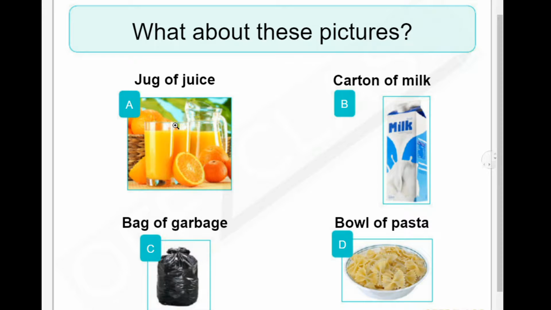A jug of juice? Very good. A carton of milk. What is this again? A bag of garbage. And what is this? A bowl of pasta. Let's continue.